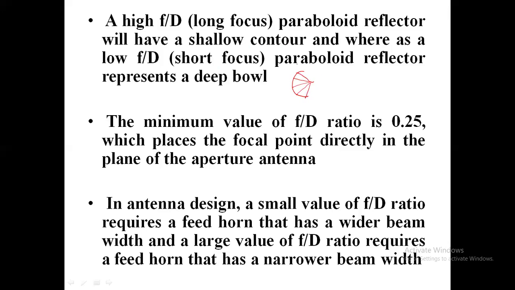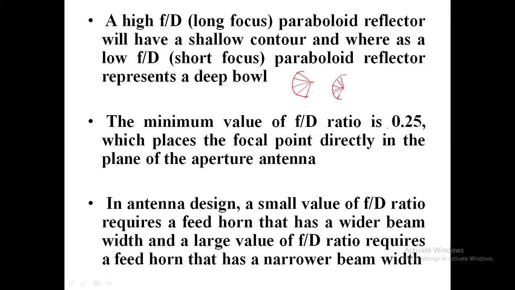When the F by D ratio is very low, it indicates our focal point is very near, say, for example, like this here. In that case, the illumination will be very near to the surface of the reflector. In such a case, it represents a deep dish. That means the illumination is in depth. So what is the correct value of F by D that should be maintained?